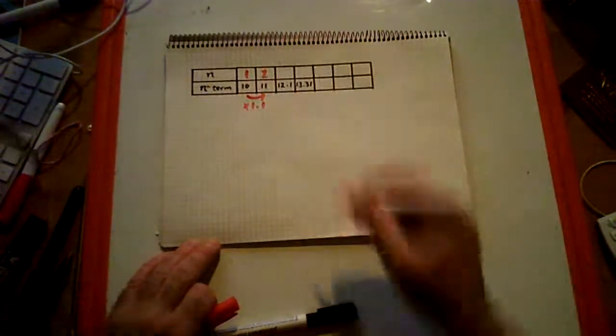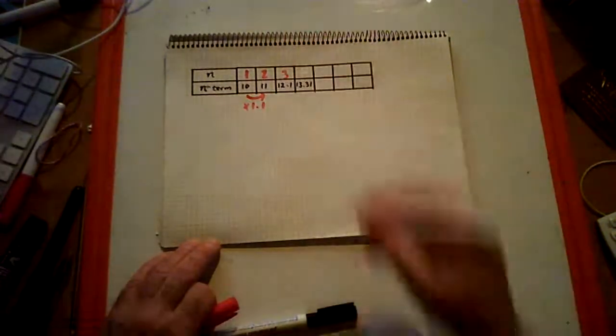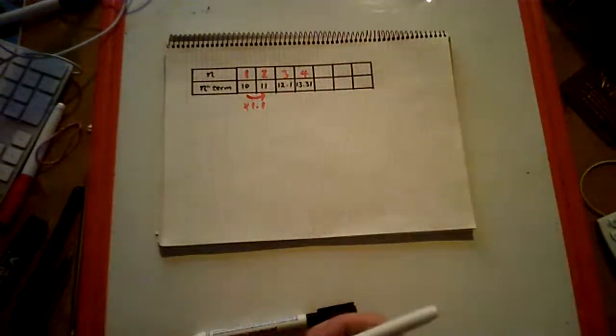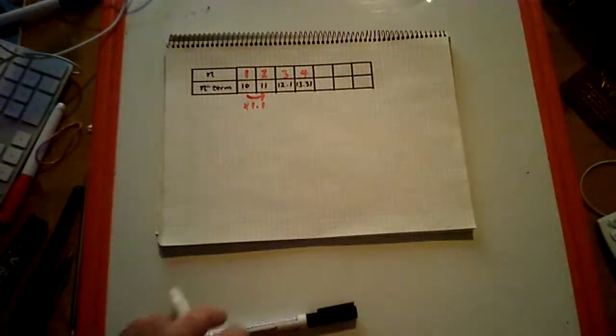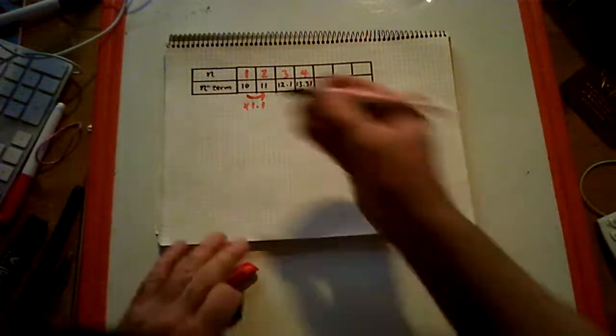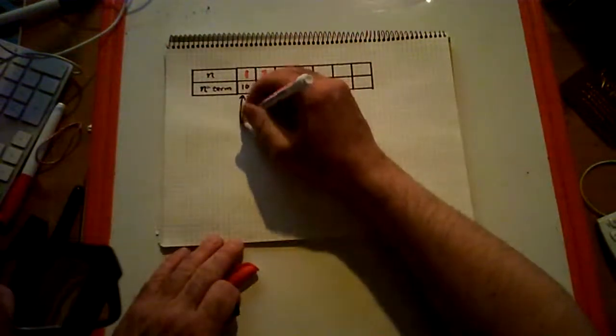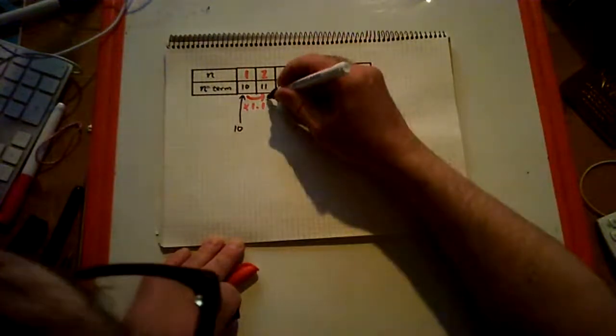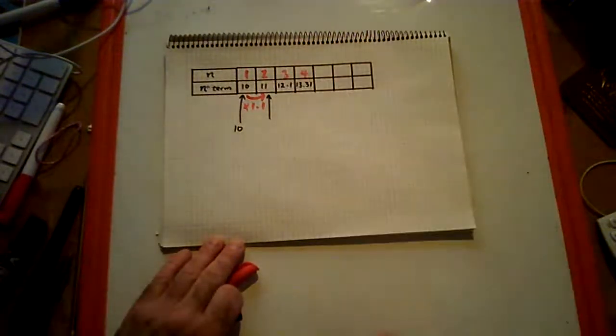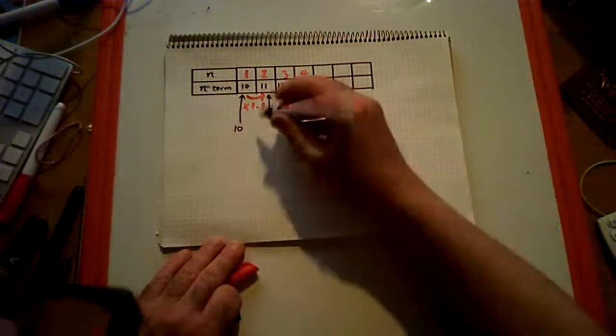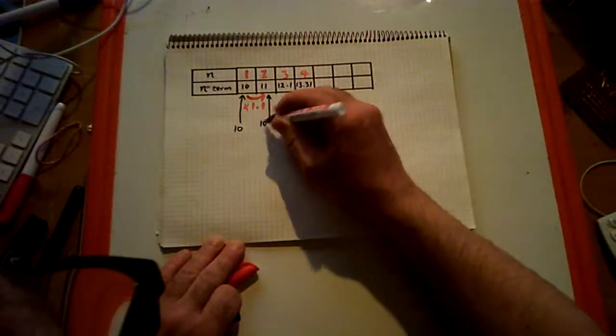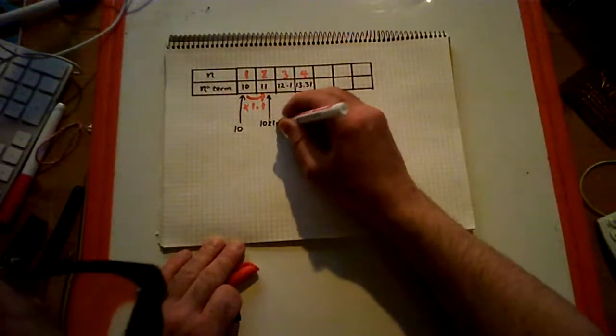So the first term is 10, the second term is 11, the third term is 12.1, the fourth term is 13.31, and so on. And you can think of each of these as being the first term, 10, multiplied by a power of 1.1. So the first term is 10. The second term is 10 times 1.1.